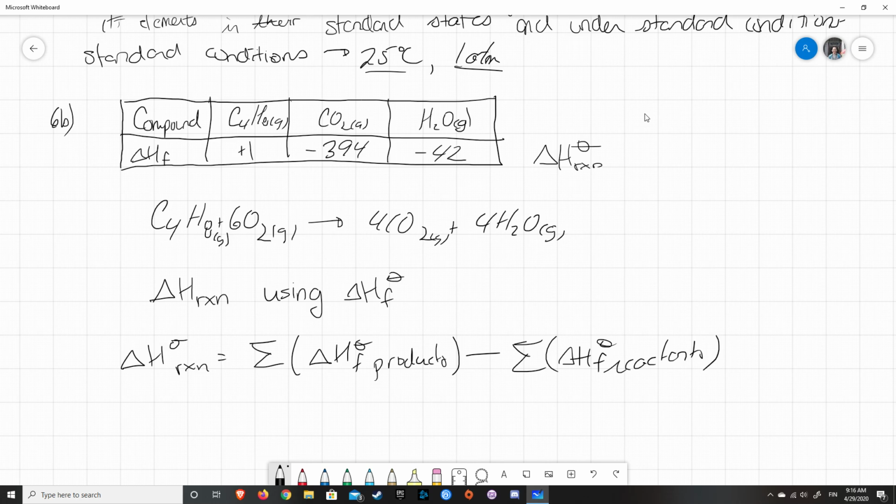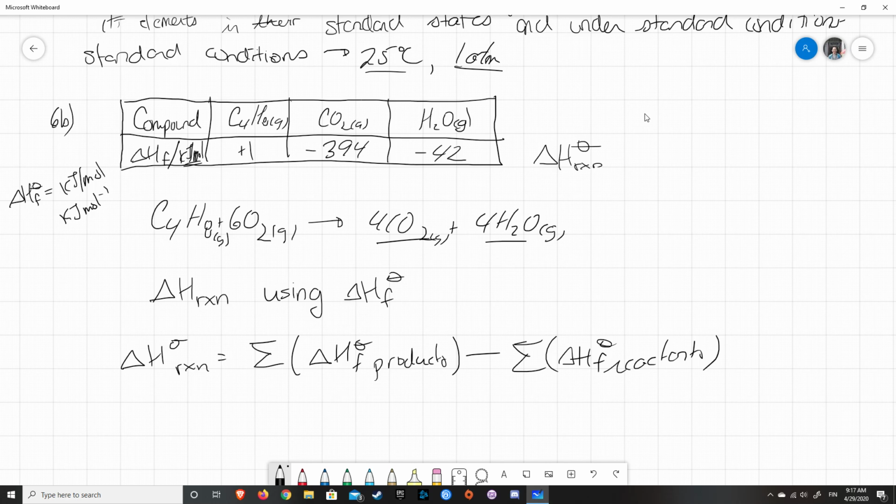We just need to see where our products and reactants are. This value is given to us in kilojoules per mole, so delta H of formation is in kilojoules per mole.